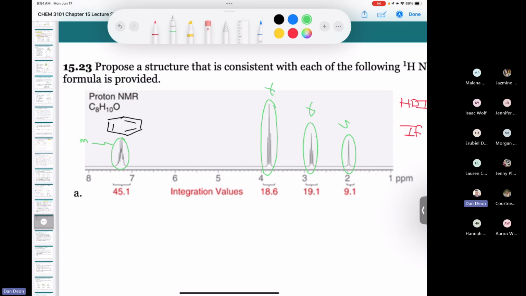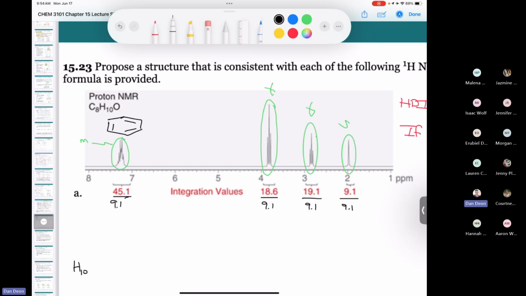The next thing we should do is, we know there are 10 protons, right? It's H10. So if we divide each one of these by 9.1, what do we get? I don't even need a calculator, I can see the math here.